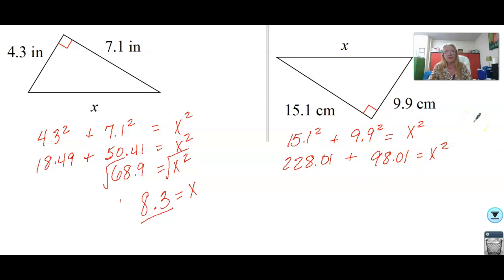Then we add those two together. And we get 326.02. And now the last step is always to take the square root of the number. 326.02. The square root of that is 18.05. So 18.05 rounds to 18.1.